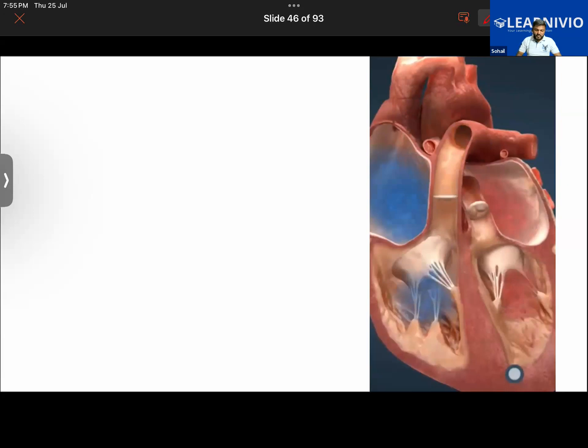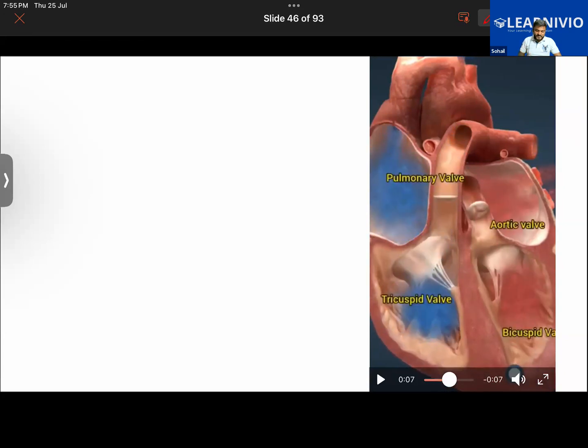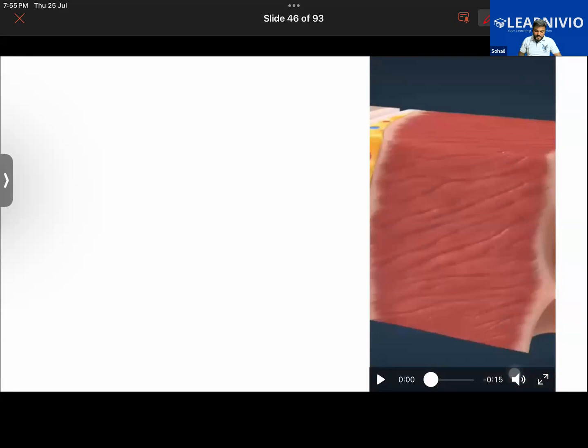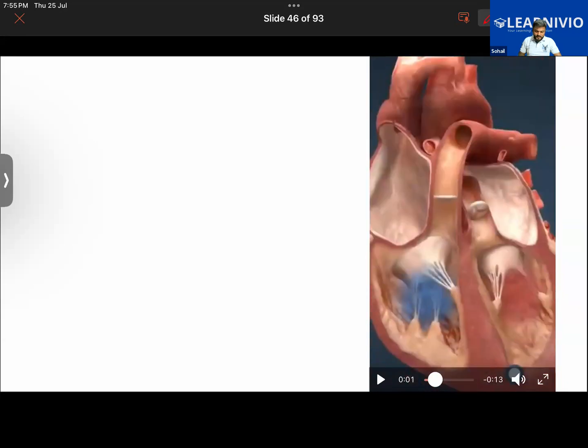Okay, I'm going to play this once again. Just pay attention to the direction of the flow of the blood. The red and the blue ones that you saw over here were the blood flowing into it.